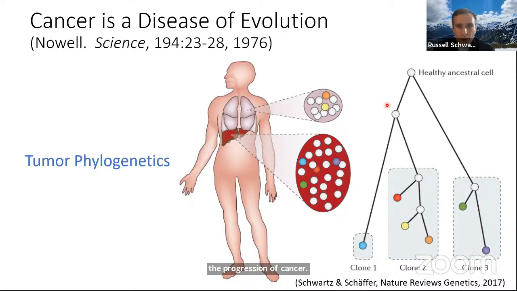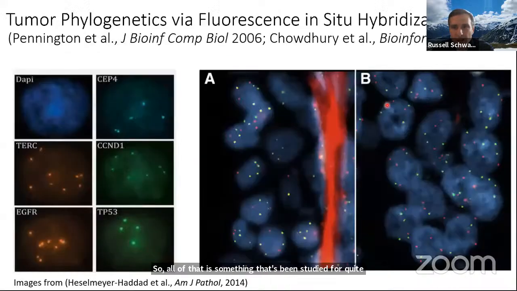All of that is something that's been studied for quite a while at this point, and there are now many variations on tumor phylogenetics. I want to briefly tell you a bit about this before I get to the interesting machine learning here. My own group got into this field about 15 years ago now, working with pre-genomic kinds of technologies, in particular a technique called fluorescence in situ hybridization, or FISH, which basically just means fluorescently labeling pieces of DNA in a genome.